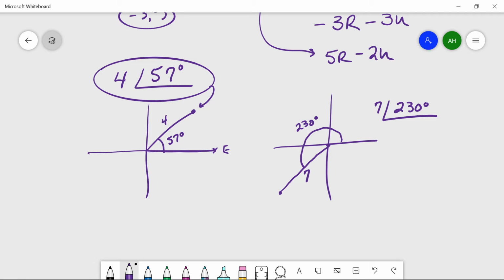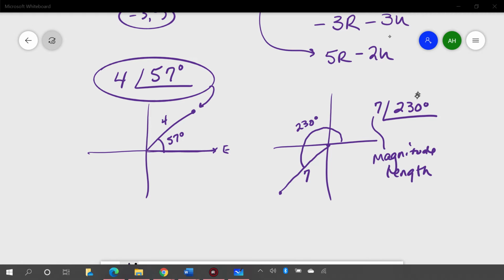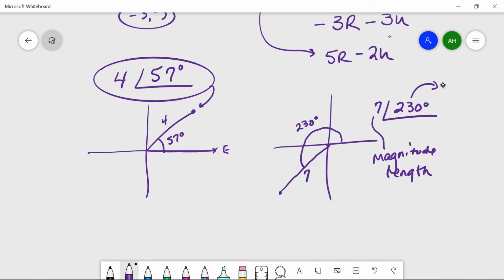Okay. So we've got this idea, this is a vector, and this vector is going to have a magnitude. All right, so this is a magnitude, and that's dealing with length. All right, and then it's also going to have an angle over here, which deals with direction.